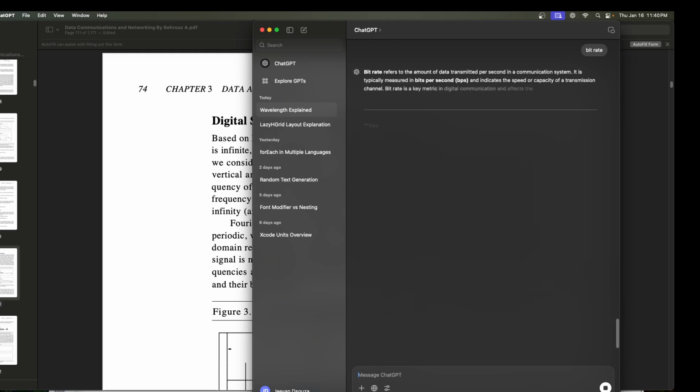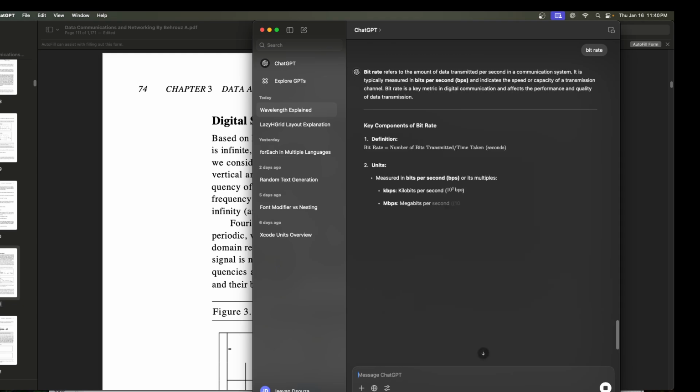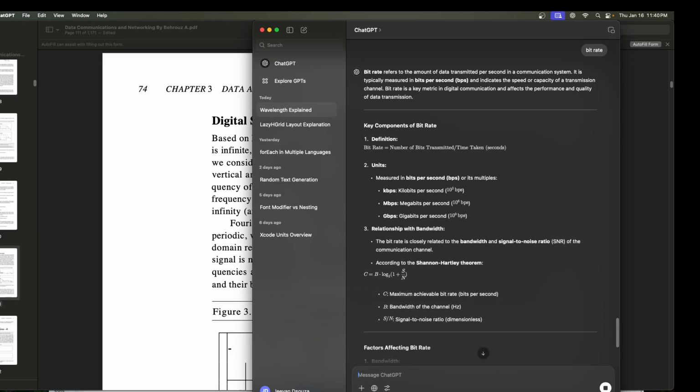Bitrate refers to the amount of data transmitted per second in communication systems, typically measured in bits per second. It indicates the speed or capacity of a transmission. Bit rate is a key metric in digital communication. Now, what does this bit rate indicate? Amount of data transmitted per second.